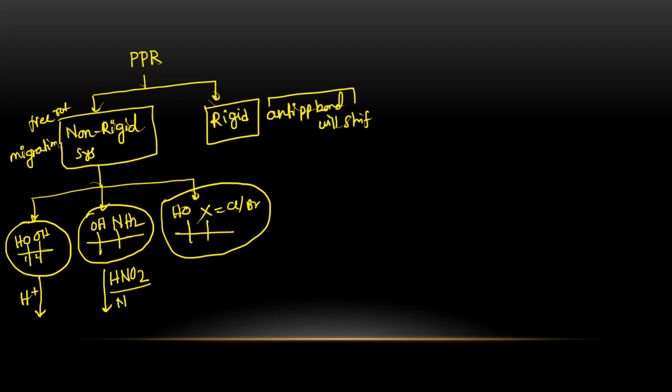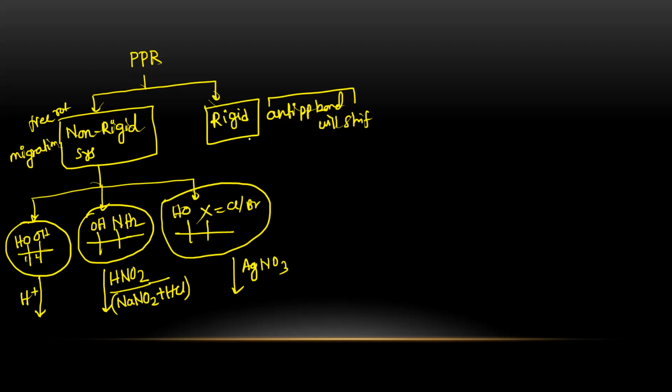Or it can be NaNO2 and HCl. These combined reagents produce nitrous acid. So the reagent can be given as HNO2 or NaNO2 and HCl. For the third type of substrate, the reagent is silver nitrate. All three types of substrate give Pinacolone rearrangement.